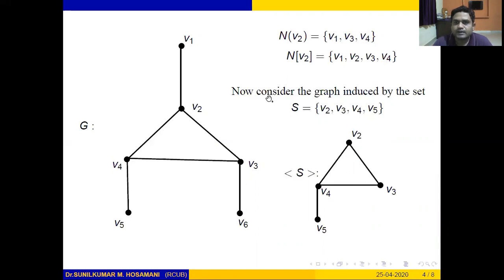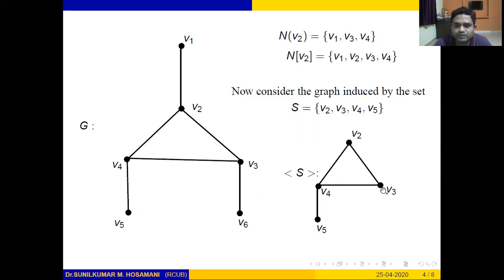Now consider the graph induced by the set S. Here S is a subset of the vertex set. I have taken v2, v3, v4 and v5, which is a subset of the vertex set. Now look at the graph induced by this set. Here v2, v3, v4, v5 are the vertices, and any two vertices of this set are adjacent if and only if they are adjacent vertices in the original graph G. You can see that v2, v3 and v4 are mutually adjacent in G: v2 to v3, v3 to v4 and v4 to v2 are edges.